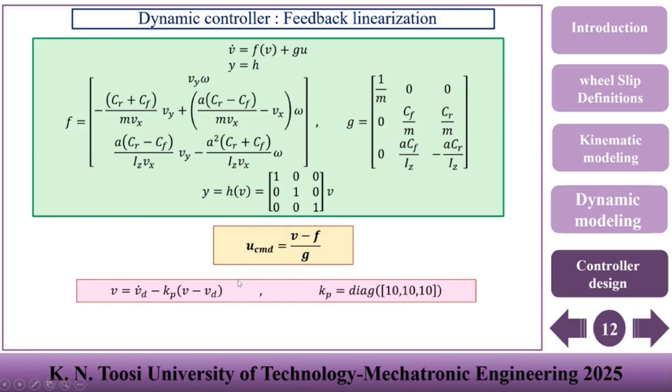For the linearized model, we design a simple state feedback control with equal gains of 10, and because this is a tracking problem, we have to add our desired accelerations in the linearized controller.